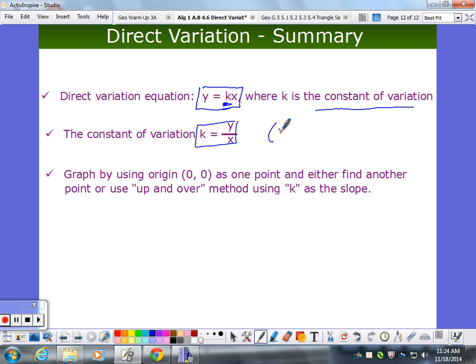If you know it's a direct variation and 2 comma 3 is a point on it, what's k? K equals y over x, just like slope. 3 over 2.